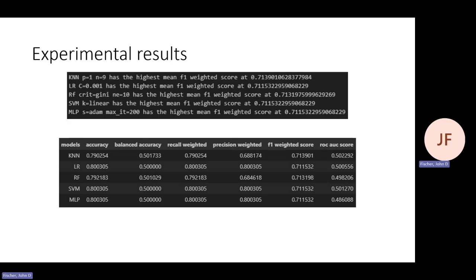And also the support vector machine, the kernel is linear and it has a score of 0.71. So once I had all the best models, on the bottom are all of their values for each metric.